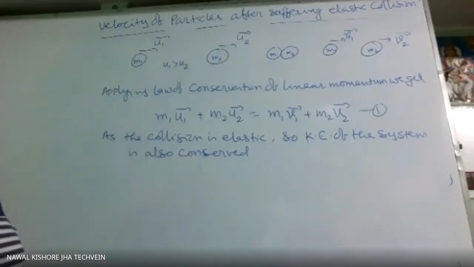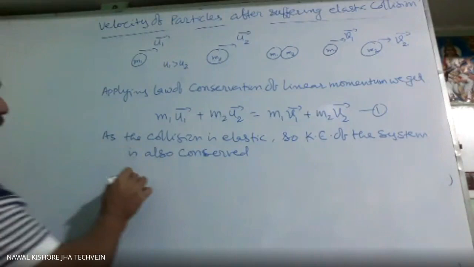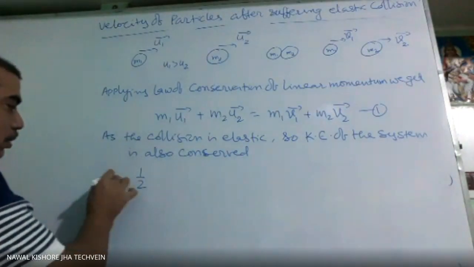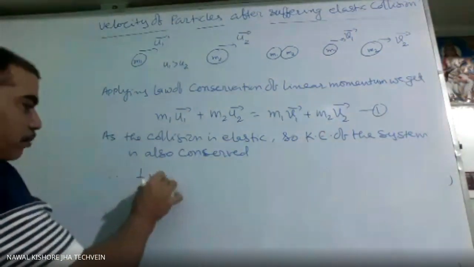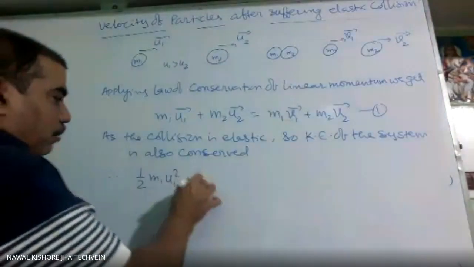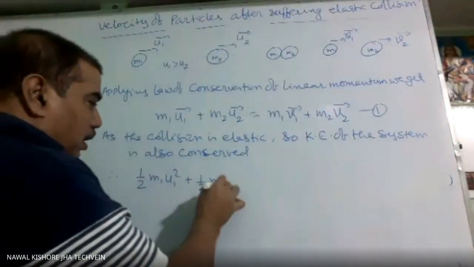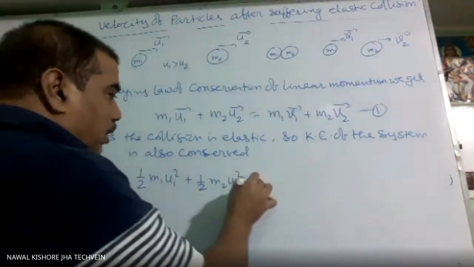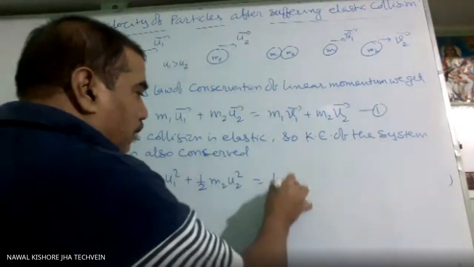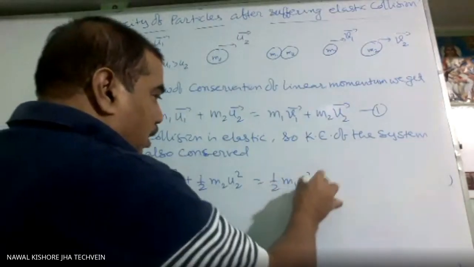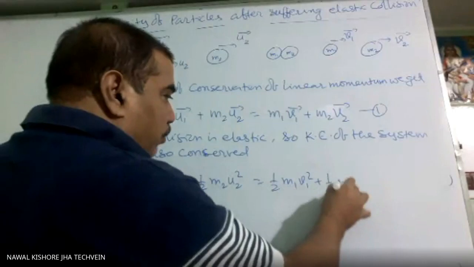So what will you get? Half m1 u1 square plus half m2 u2 square will be equal to half m1 v1 square plus half m2 v2 square.